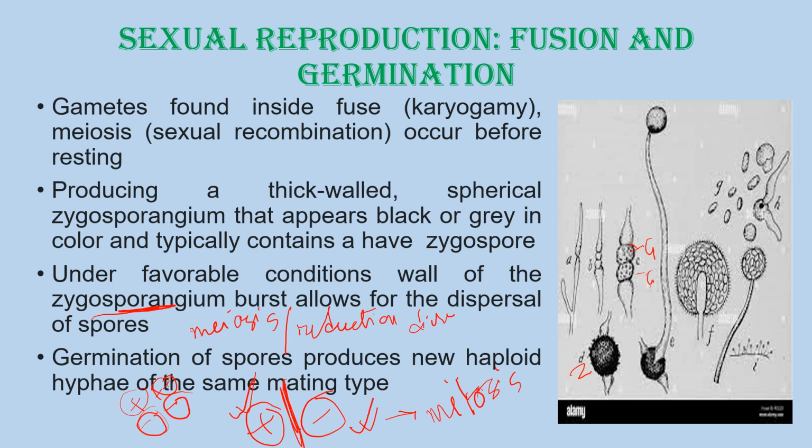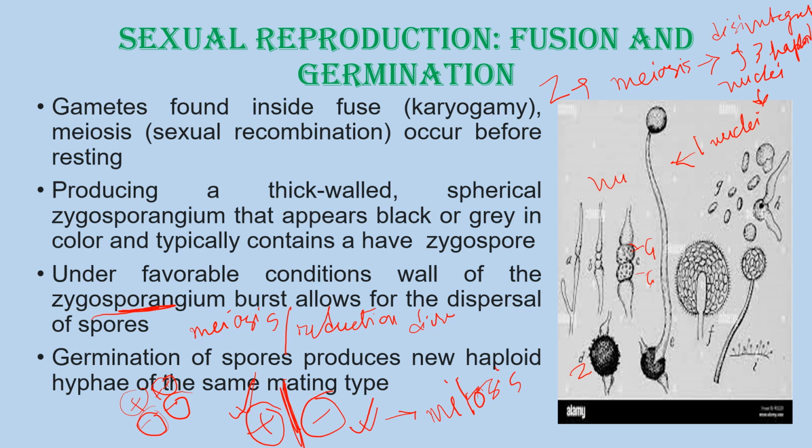That haploid nucleus, either positive or negative, will again undergo mitosis. So we see that in the zygosporangium, there is first meiosis, then disintegration of three haploid nuclei, then one nucleus will survive, undergo mitosis, and produce many spores.